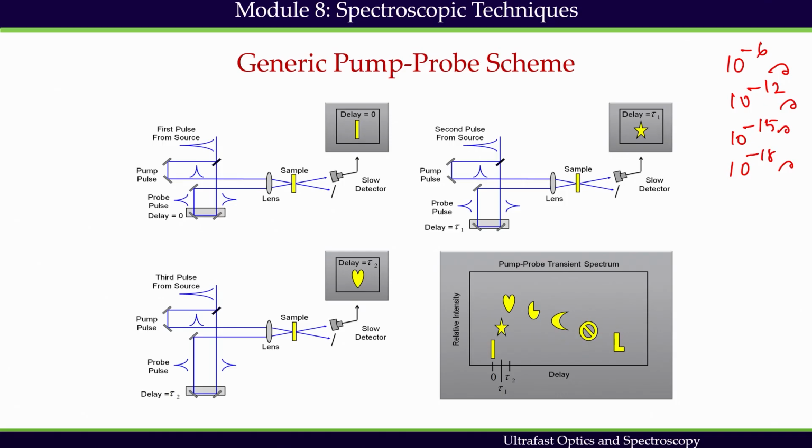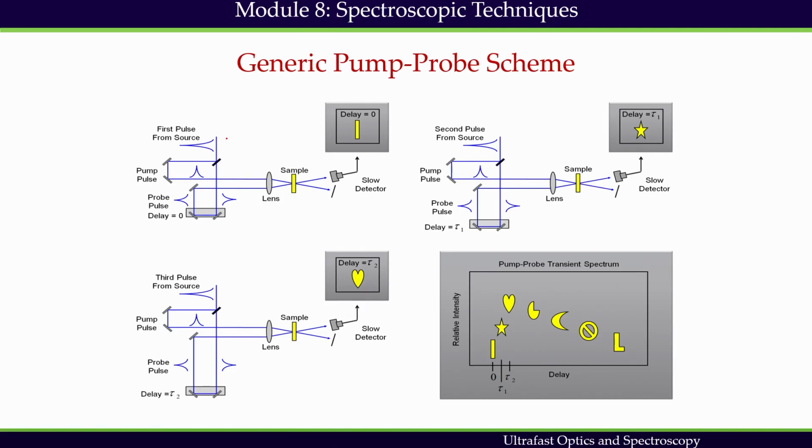We'll begin with a generic pump probe scheme used in time resolved experiments. In this scheme, which is shown here, a pump and probe pulses are generated from the same parent pulse in a pulse train originated from a source.